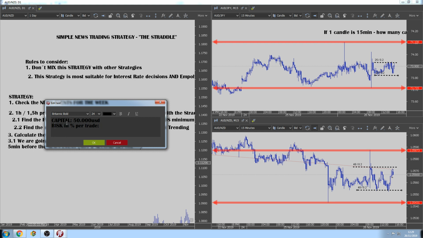And before this, total risk in percentage, and it's a decision. So I want to risk 1% in total, everybody, for this strategy, meaning I want to risk 0.5% for the buy stop and 0.5% for the sell stop.